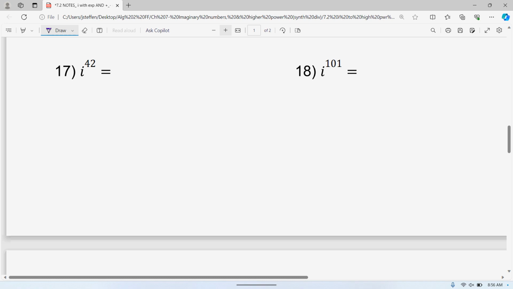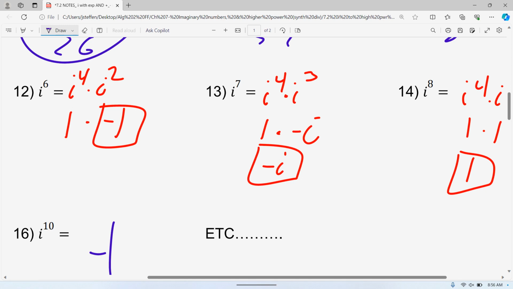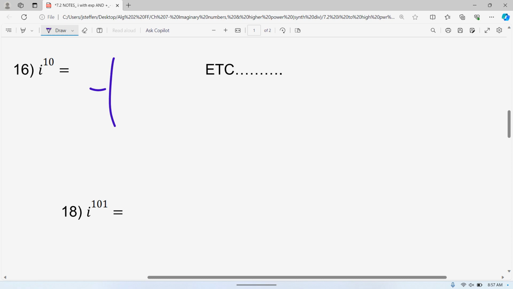So that's what I just was trying to stress, but that's probably a better way to say it. If your exponent is divisible by 4, your answer is going to be 1. So again, if it's 4, 8, 12, 20, 40, 60, 80, if it's ever divisible by 4, you know it's just going to be 1. So if you know that, that's going to give you a starting point.